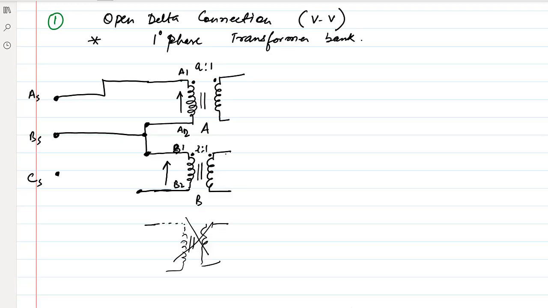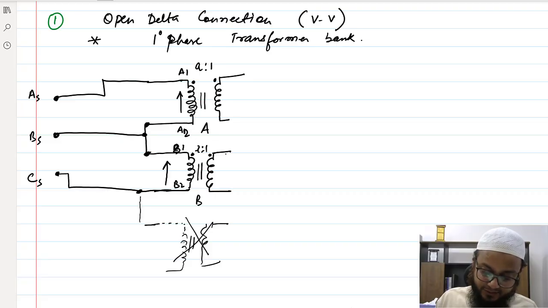What about transformer 2? Earlier it was connected here, right? So on this winding of transformer B, what is the voltage here? VBC is appearing here.